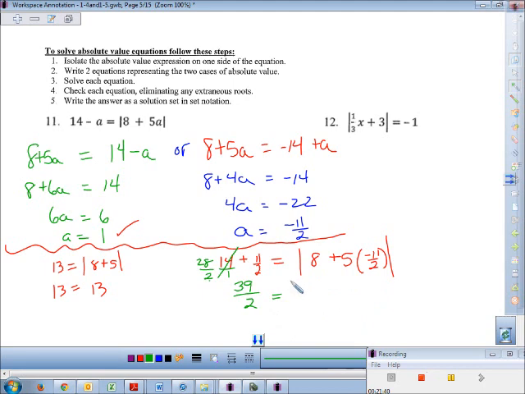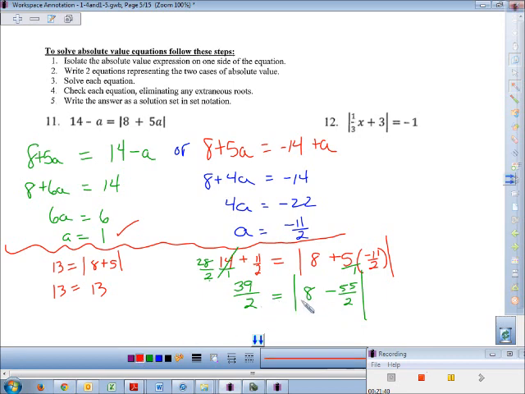Cool? Over here, I still have absolute value. There's an 8. I need to multiply these two numbers together according to the order of operations. Isn't that going to be numerator times numerator, a negative 55 over 2, right? Numerator times numerator, denominator times denominator, and close the bars.